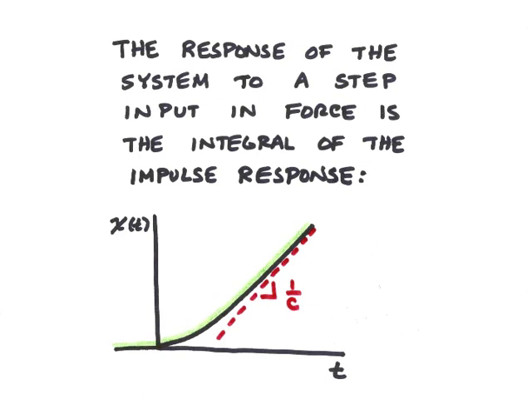Now we know the response of any linear system to a step input is the integral of the response of the system to an impulse. And so we can easily find the response of this mass damper system to a step force that is applied to it. And the response looks like this graph.